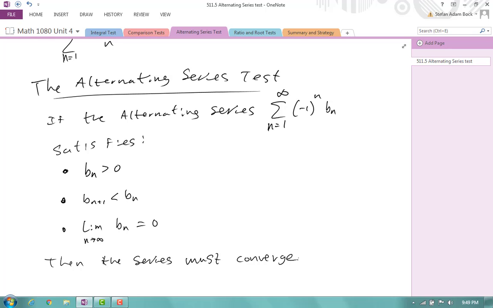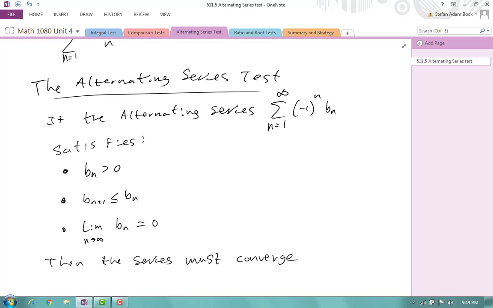B sub n plus 1 should be less than or equal to b sub n, meaning the b sub n's as a sequence should be a decreasing sequence. And the limit as n goes to infinity of the b sub n's should be equal to 0, which is kind of a mandatory requirement for the convergence of any series. Then the alternating series must converge.